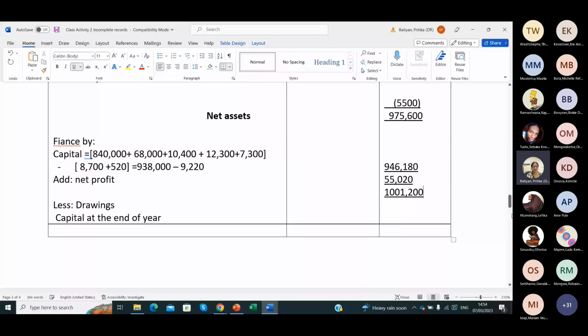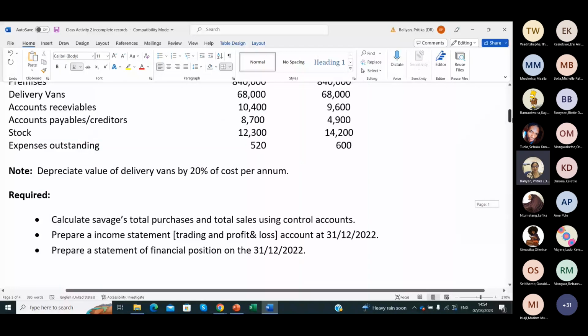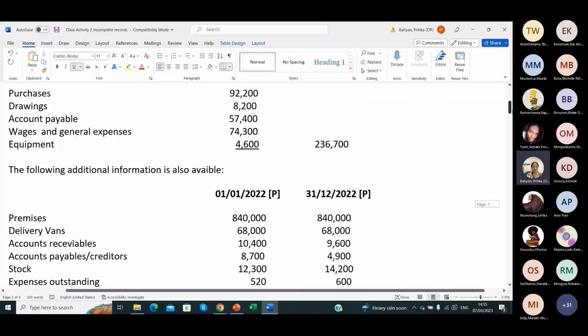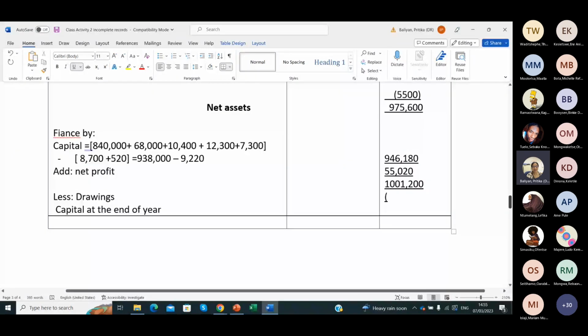How much is the drawing given? The drawing is 8,200.